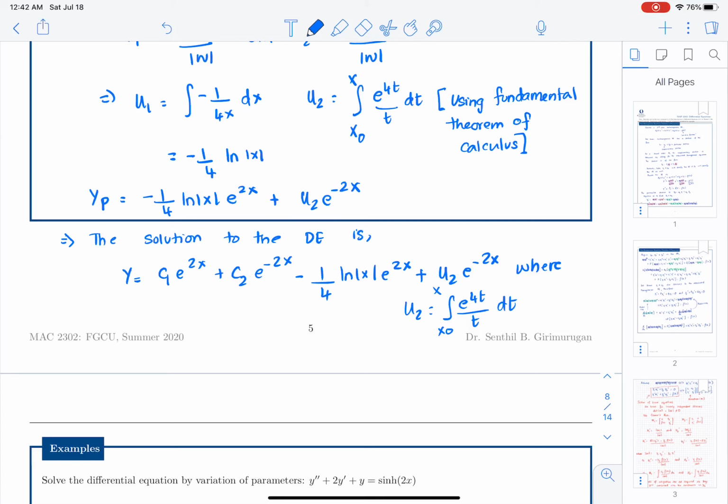The correct approach would be to have it this way. And that would be the solution.